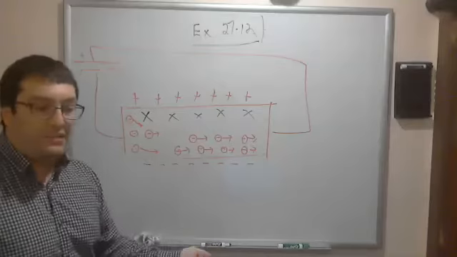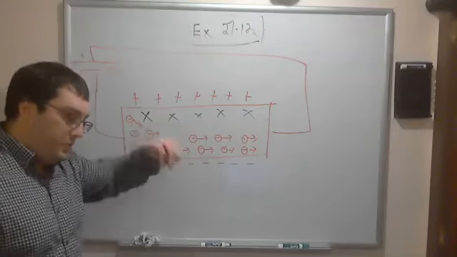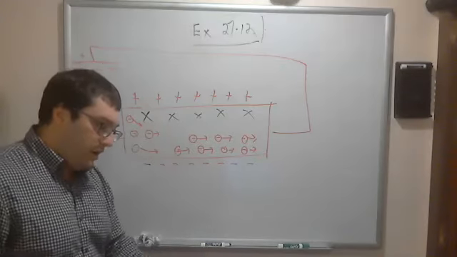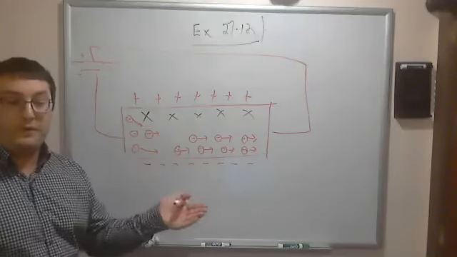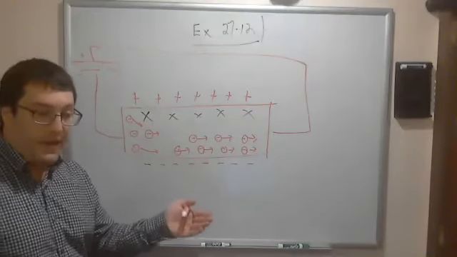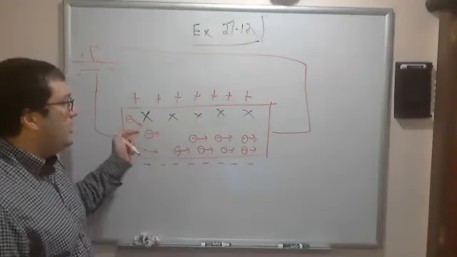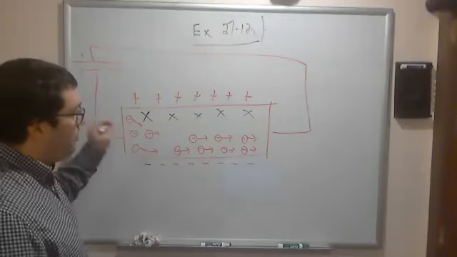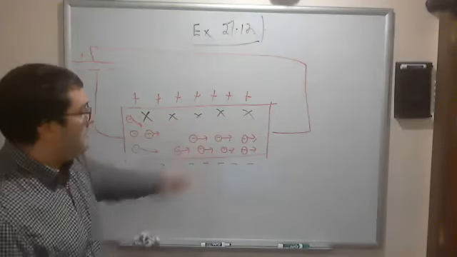Remember from the velocity selector that we talked about last time, where the force due to the magnetic field in one direction cancels out with the force due to the electric field of the capacitor, so that only a particle with a certain velocity goes through that velocity selector.